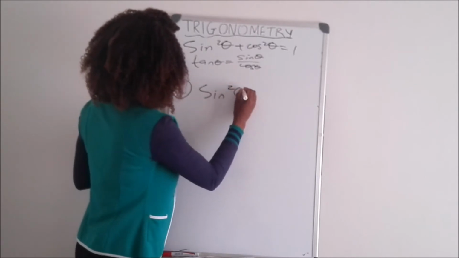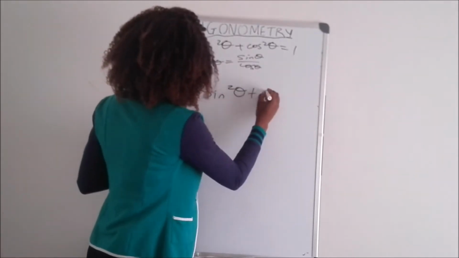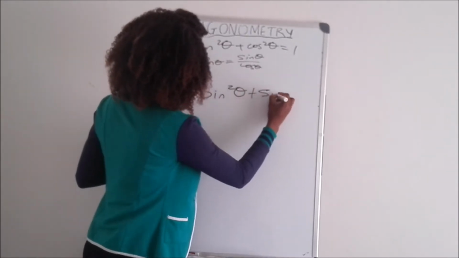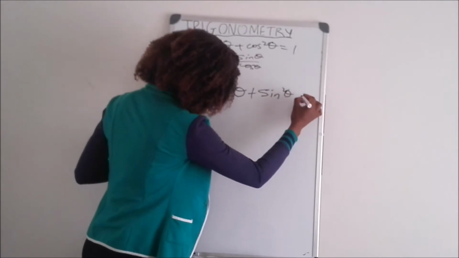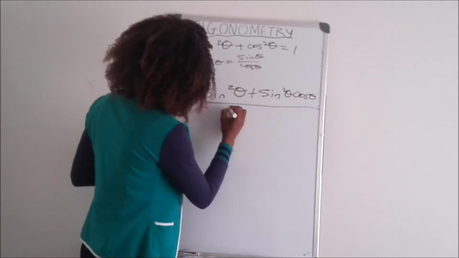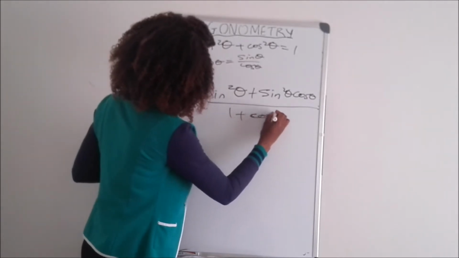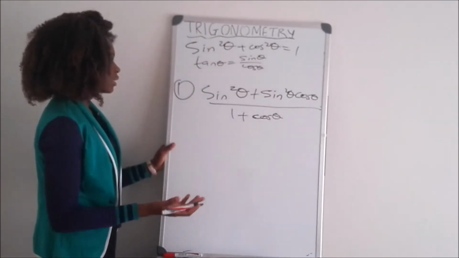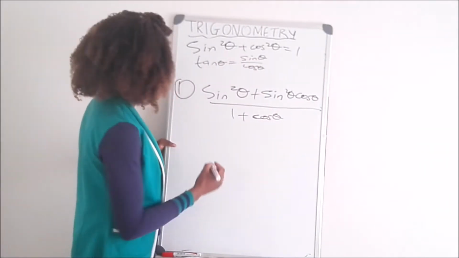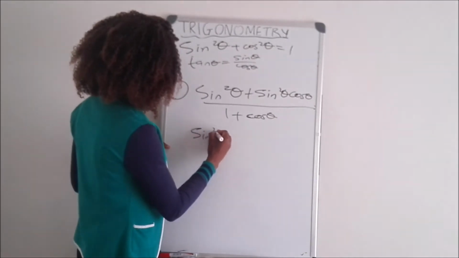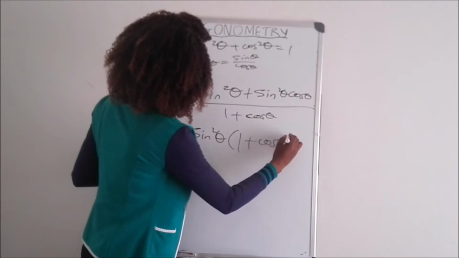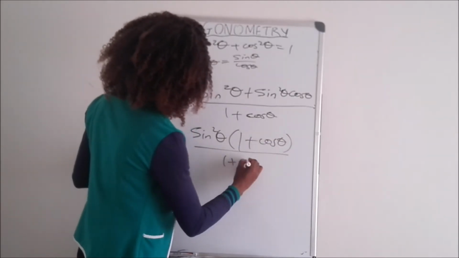Alright, from here let's do question number 1, which says that we must simplify this into a simple term: sine squared theta plus sine squared theta cos theta divided by 1 plus cos theta. This is a very simple one, guys, because here we can just take a common factor, which is sine squared theta, and we'll be left with 1 plus cos theta divided by 1 plus cos theta.